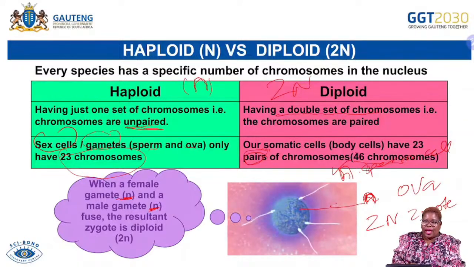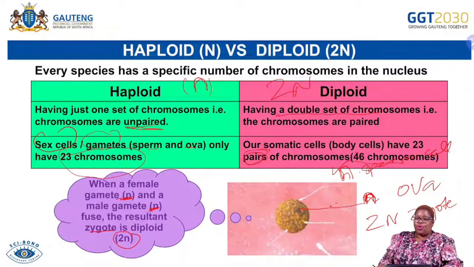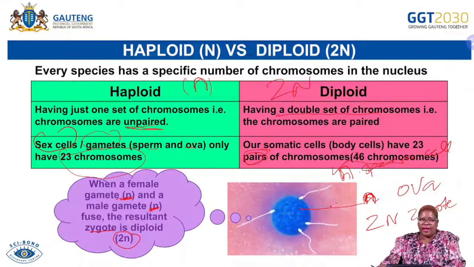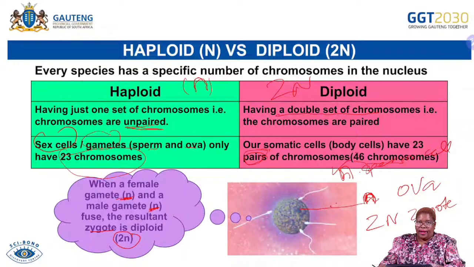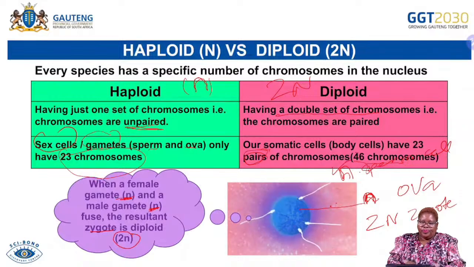We're going to have a zygote that is diploid. So N fusing with N will result in 2N. Haploid fusing with haploid will give us a diploid. So a male gamete fusing with a female gamete will give us a diploid zygote.